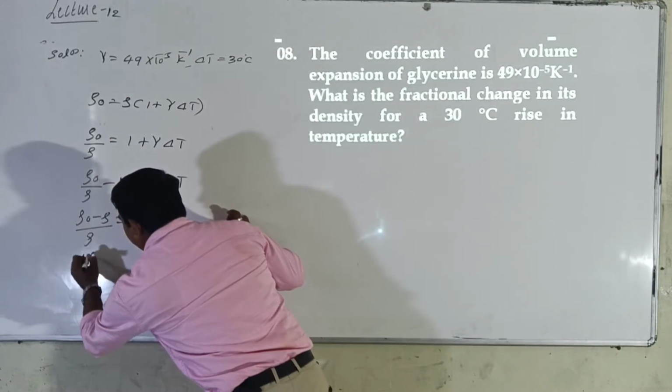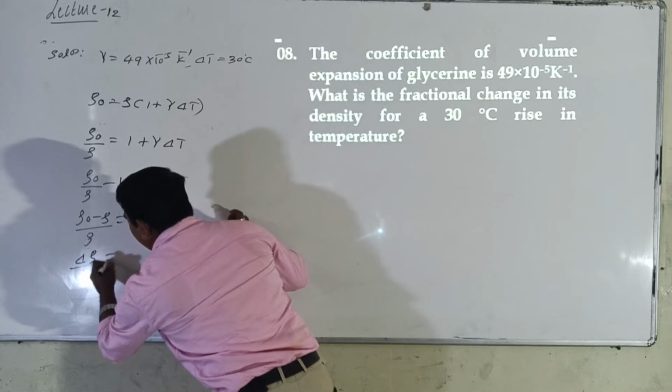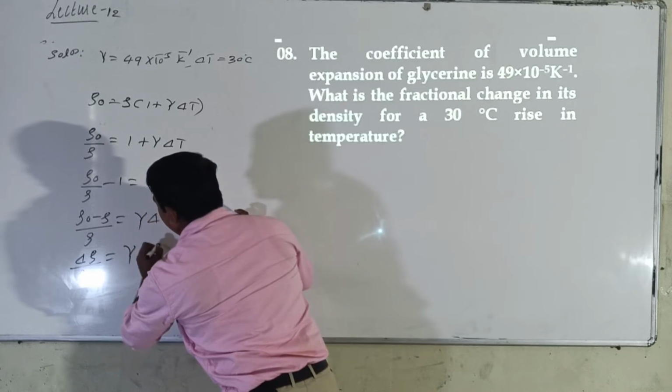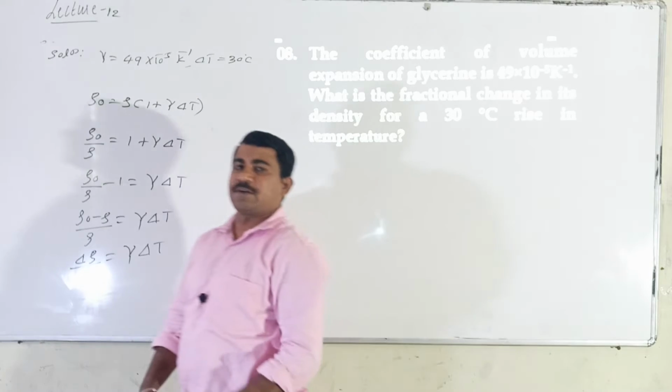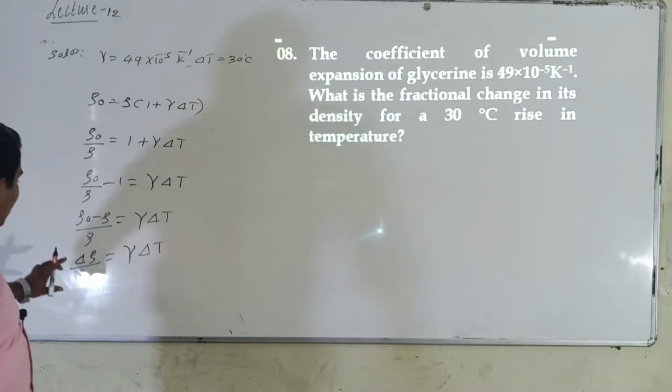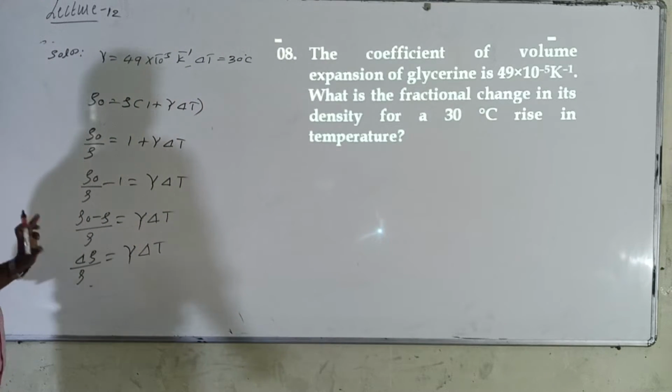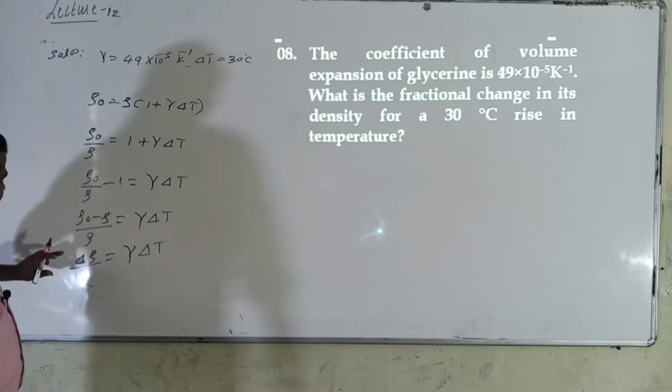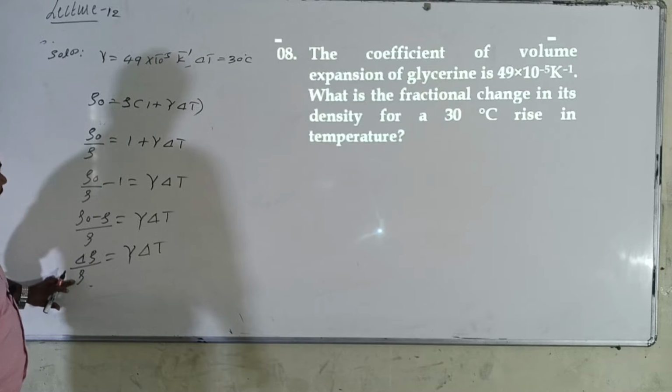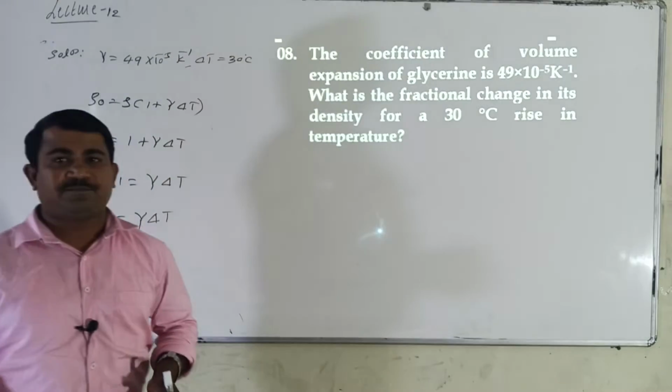So del rho divided by rho equals gamma into delta T. This ratio I can call the fractional change in density, which means the change in density to the original density at the given temperature.